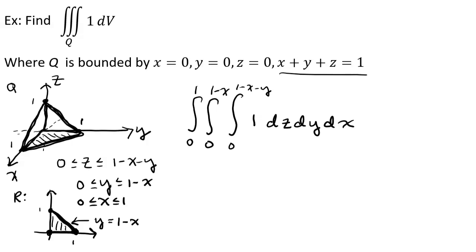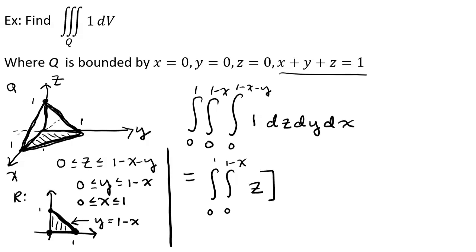Lining that up to integrate, the integral of 1 dz is just going to be z, so we're going to have a double integral still. So we had 0 to 1, 0 to 1 minus x. We're going to have z, evaluated from 0 to 1 minus x minus y, and this will be dy dx.